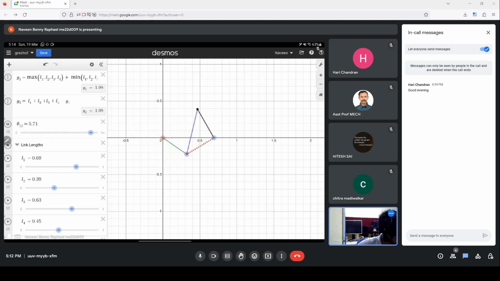We can also change this a little more, and now we can change most angles. For very specific orientations of L1, L2, L3 and L4, we'll get a double rocker mechanism. So I believe I will be making these two equal, 0.4.